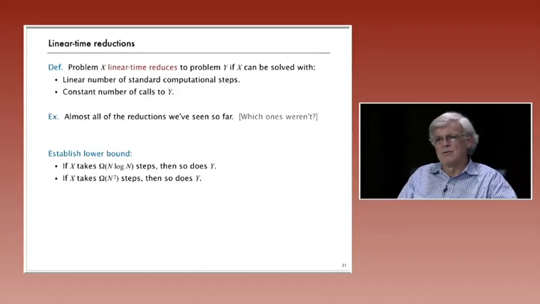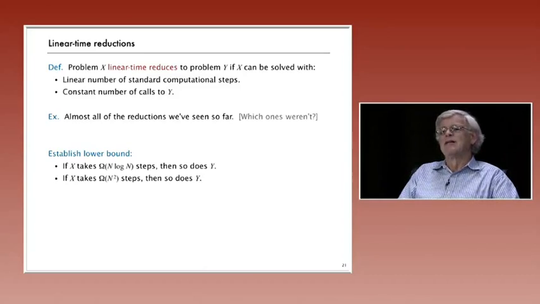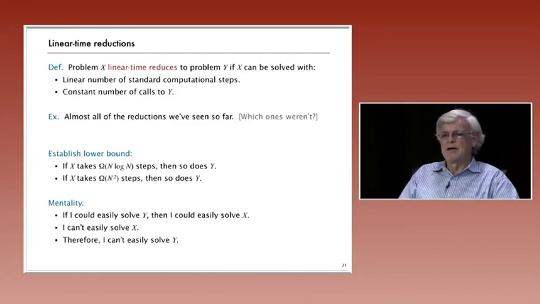Then the idea is, if there's a lower bound for x, and you reduce x to y, that establishes a lower bound on y. Right? So why is that? If I could solve y more quickly, then I could use the reduction to solve x more quickly.